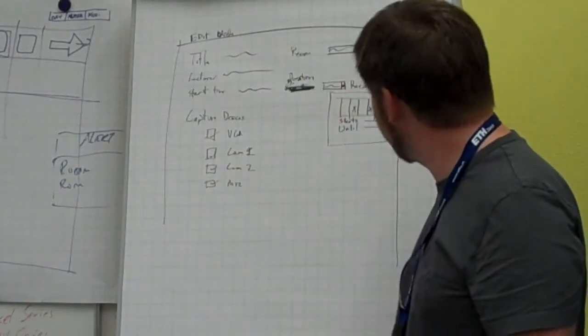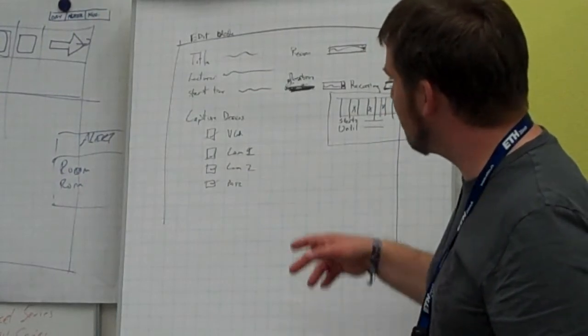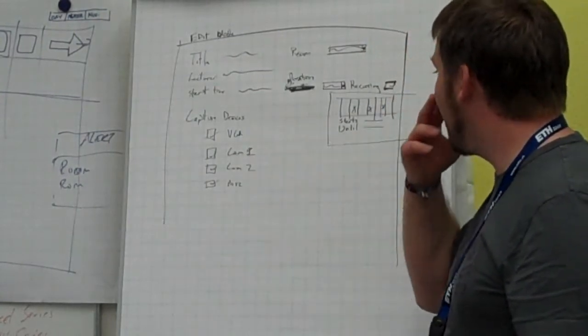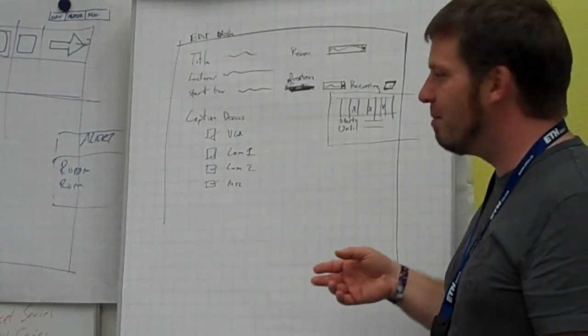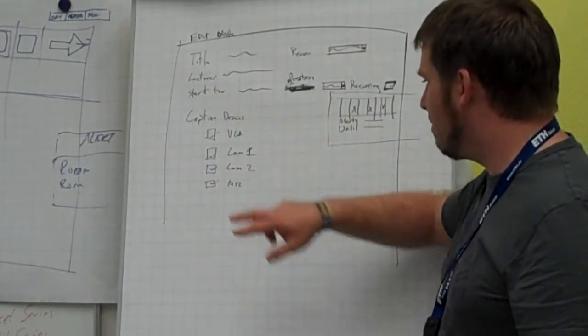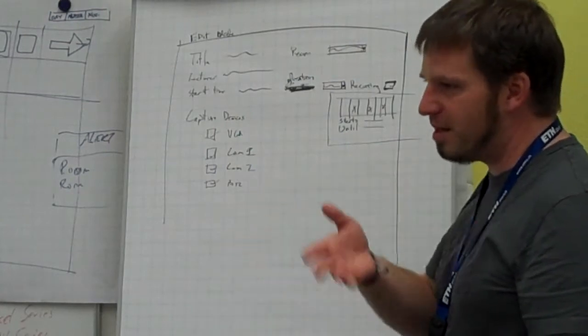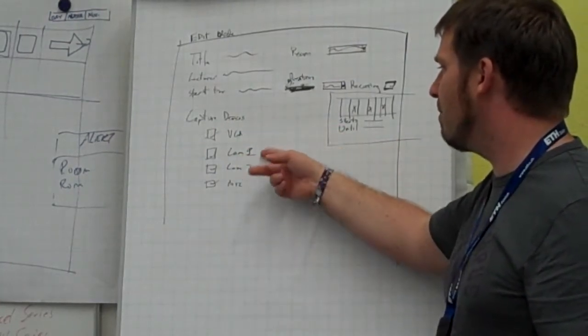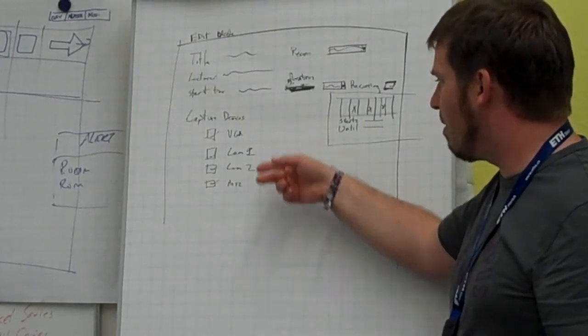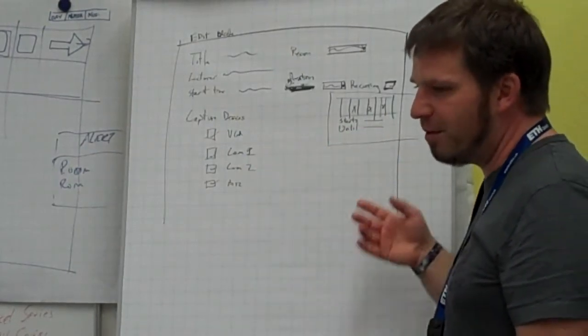It still should be staying there. Yep, that's to this. We had a discussion about how we should select the capture devices, because what we have at the moment at several systems, I must say, is that we only select: I want to record VGA, I want to record camera 1, camera 2, I want to record the microphone.